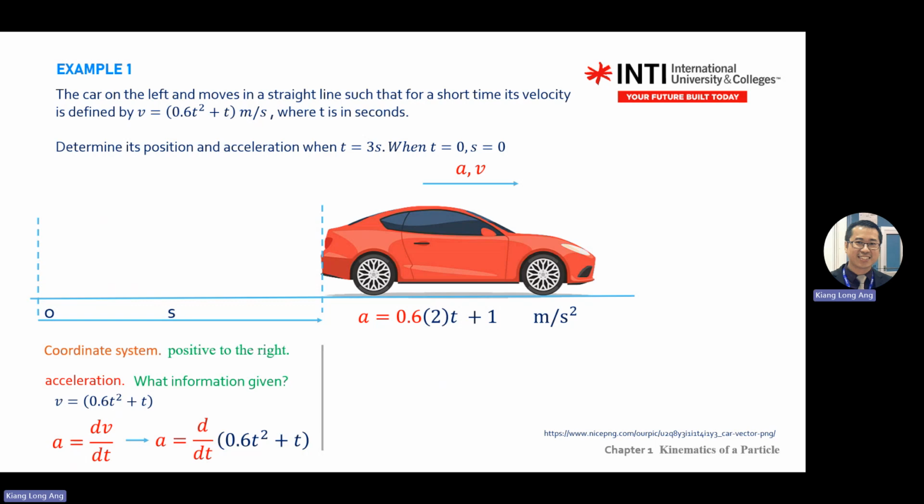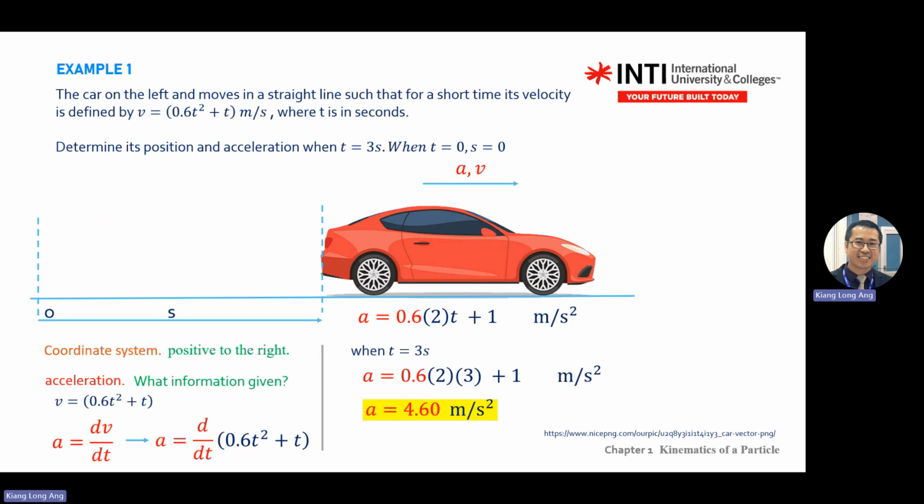Meaning you pull the n in front, then you minus 1 from the power. So these two are general equations, one for integration and one for differentiation. You do the same and arrive at one new equation for acceleration, which is 1.2 t plus 1. So you substitute the time inside there and find your acceleration. Acceleration equals 4.6 meter per second square.